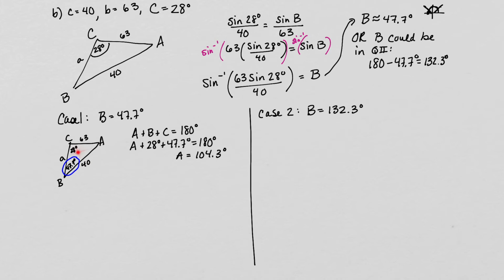So we're going to do the sine of 28 over 40 equals, now we're going to use this pair, but in this case, I now know that A is 104.3. So it's equal to the sine of 104.3 degrees over lowercase a.